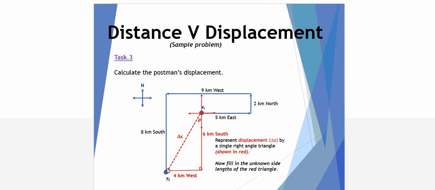Let's work out these values. So simply, the 8 minus the 2 gives us a displacement of 6 from start to finish in the north-south plane. And our 9 minus our 5 gives us a 4 kilometre displacement in an east-west direction from the start to the finish.